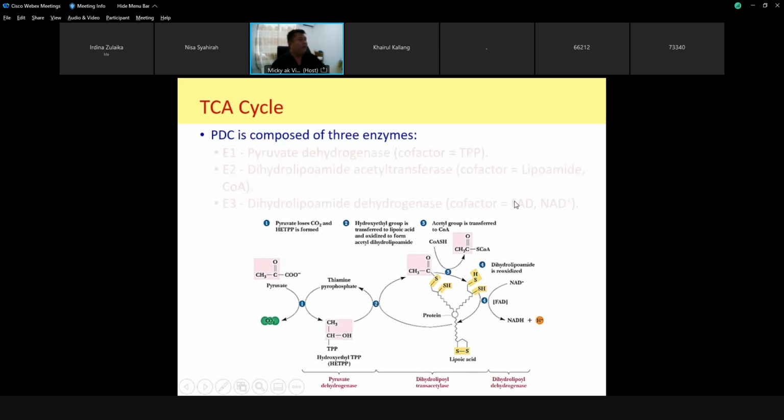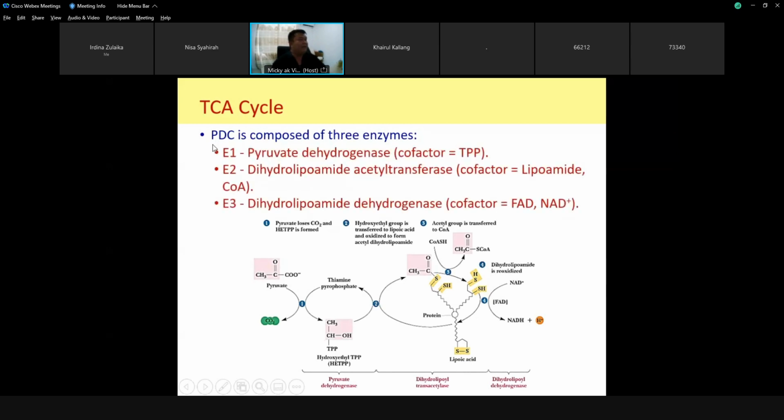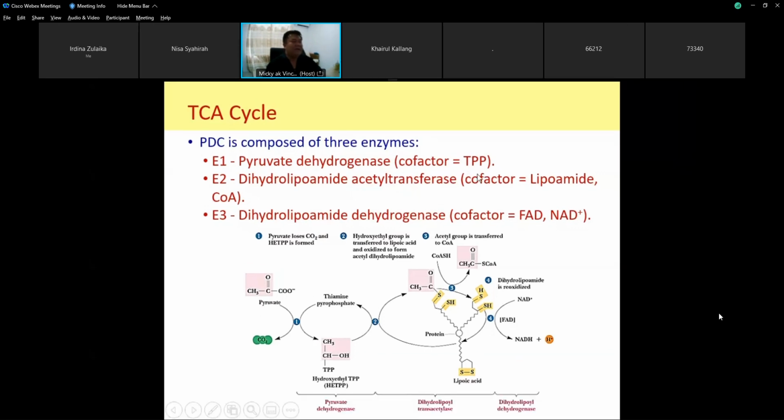Now the first unit E1, the first subunit is called pyruvate dehydrogenase, dan dia memerlukan TPP. TPP is thiamine pyrophosphate. I will explain later. So just know that pyruvate converted into acetyl-CoA memerlukan PDC, and PDC is made of 3 different enzymes.